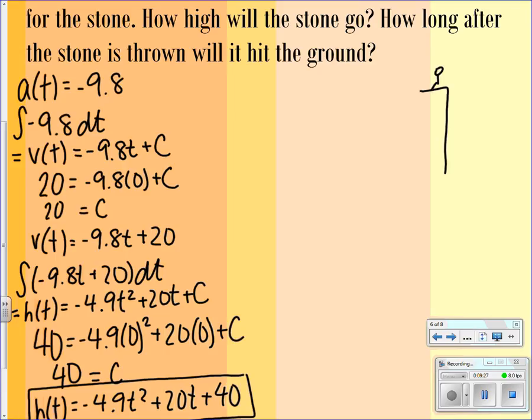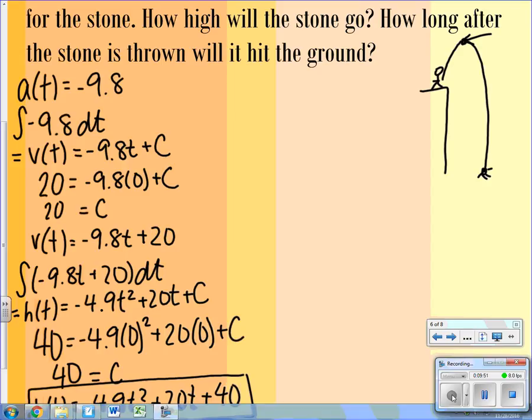There's a little man, and he throws it up, it hits a peak here, and then it hits the ground down here, and it splats. What we're looking for is that height there. So in order to find that, we need to figure out when the velocity is equal to 0.